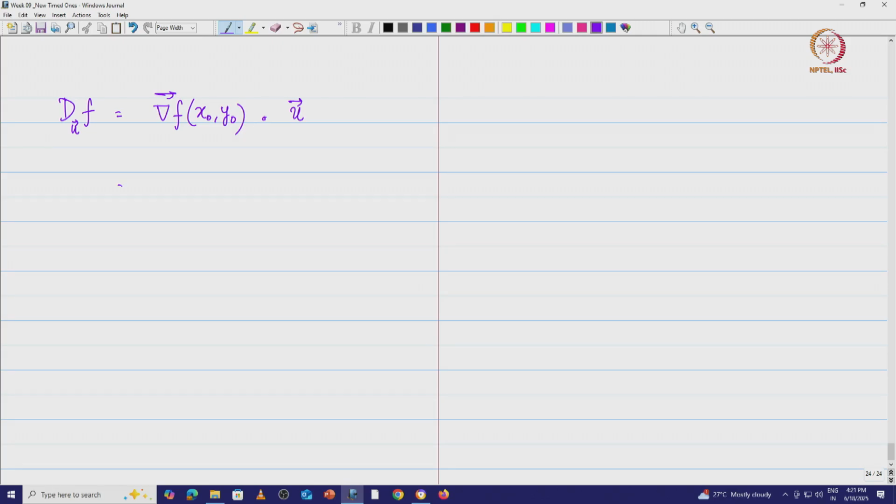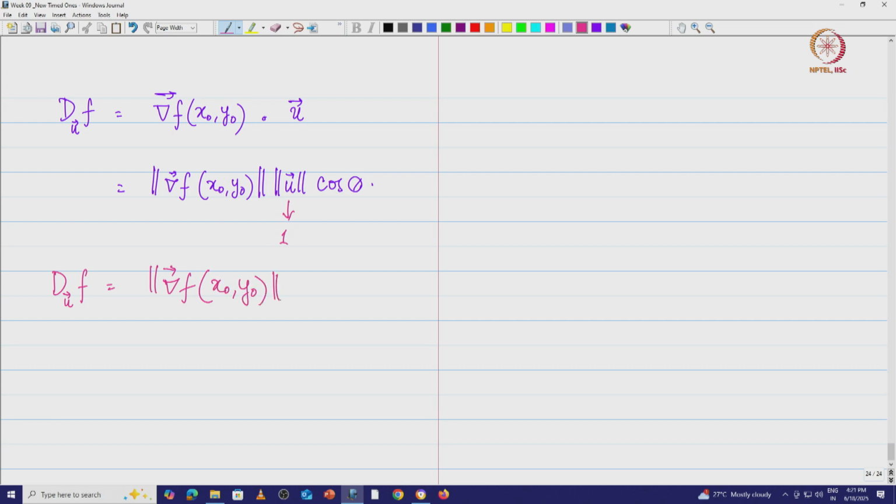I can write this as the magnitude of the gradient vector at (x0, y0) into the magnitude of u into cos theta. Since u is a unit vector, the magnitude is 1. So df in the direction of u is just the magnitude of the gradient vector evaluated at (x0, y0) times cos theta.